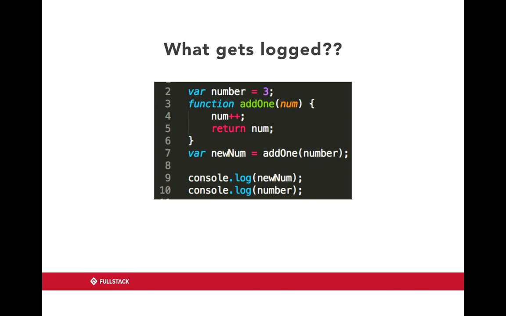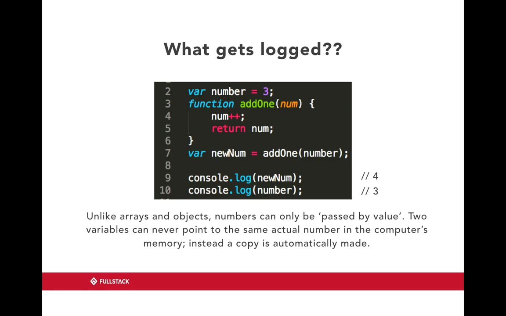But when I'm dealing with a primitive, I'm always by default creating a copy. At no point am I ever pointing to the same thing. And in fact, if you read that second sentence here, two variables can never point to the same actual number in a computer's memory. From a basic foundational CS perspective, you can't do that.